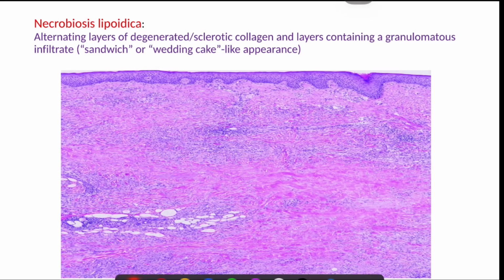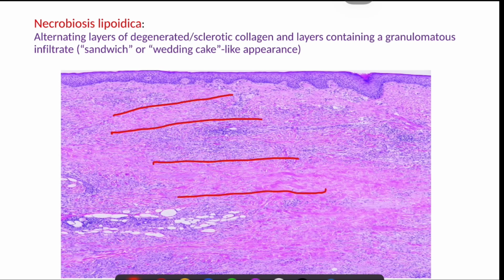Now, necrobiosis lipoidica has a sandwich or wedding cake-like appearance, where there are alternating layers of degenerated or sclerotic collagen, and layers containing granulomatous infiltrate. So this is called sandwich pattern.